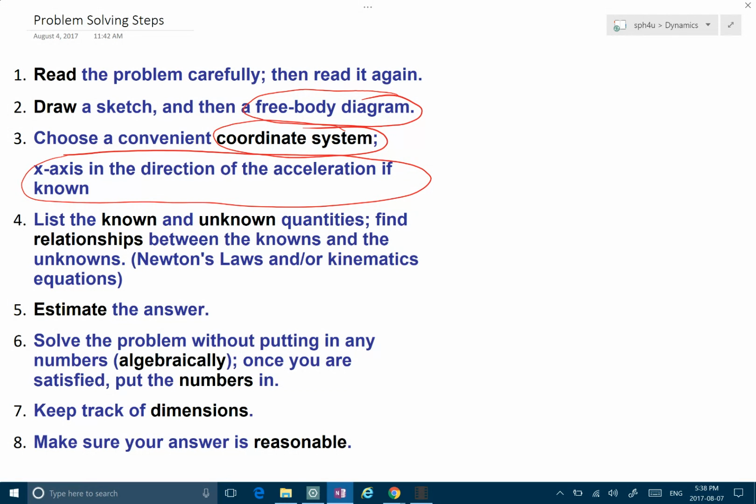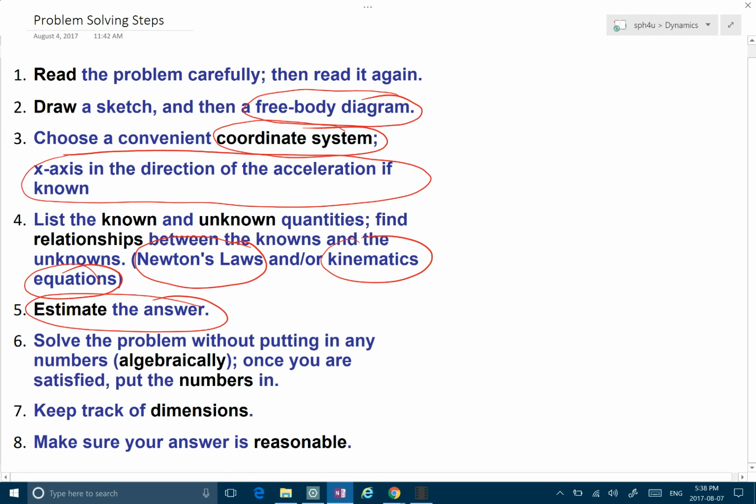And for that, from now on, we use either Newton's laws or kinematics or both. In a lot of questions, we're actually going to use both of them. We rearrange the equations and come up with a solution in terms of variables, and we do a quick estimation to see whether it's correct.